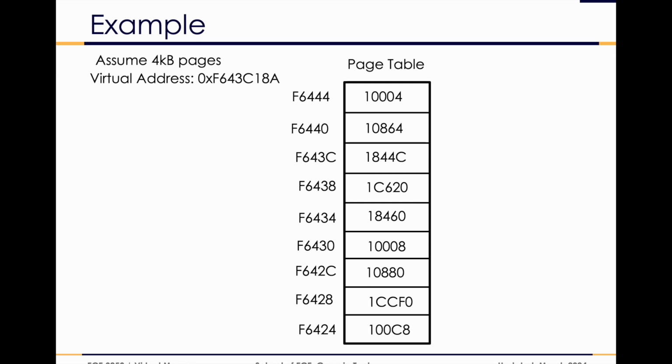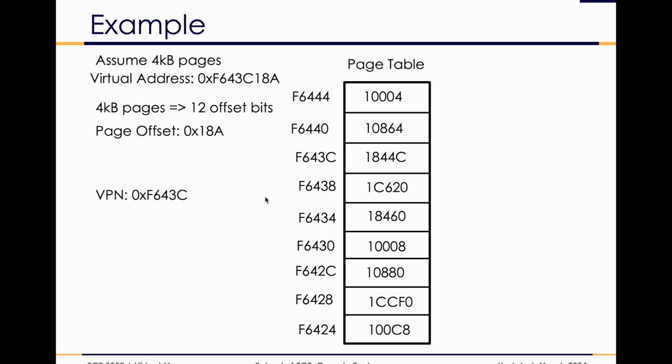We assume 4 kilobyte pages, same as before, because 2 to the 12th indexes into 4 kilobytes, so we have 12 offset bits. Using that, the page offset is the last 12 bits, which is 0x18A, because it's in hexadecimal, and the remaining virtual page number is 0xF643C. So we have the least significant 12 bits as the offset, and the remaining bits are the virtual page number.